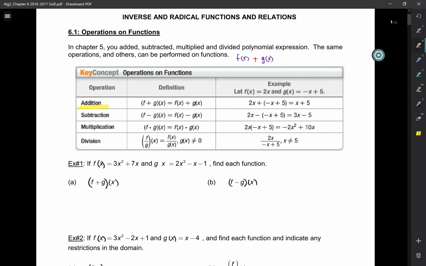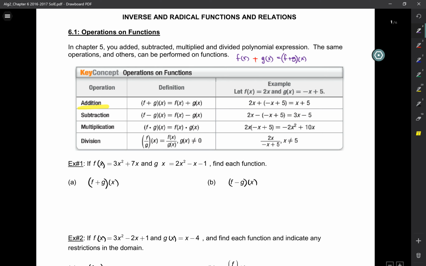Well, I can either write it like that, f of x plus g of x, or there is another notation which is a little bit more efficient, and I can eliminate writing the x twice. So I could just write it as f plus g of x. They mean the exact same thing, it's just in more concise notation.